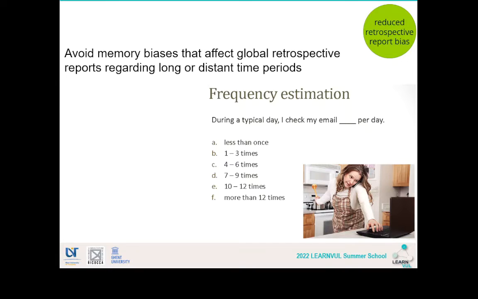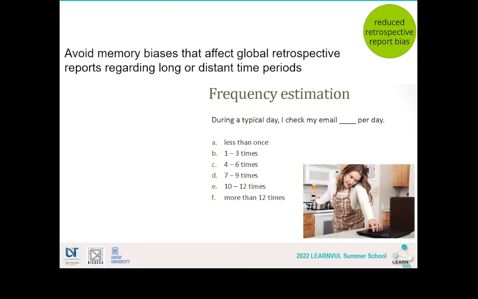So it gives you the idea that sometimes we don't realize how many times we are doing a behavior. It's not only the retrospective bias, it's also that we are biased in recollecting any kind of information, not being able to estimate correctly what we are doing.